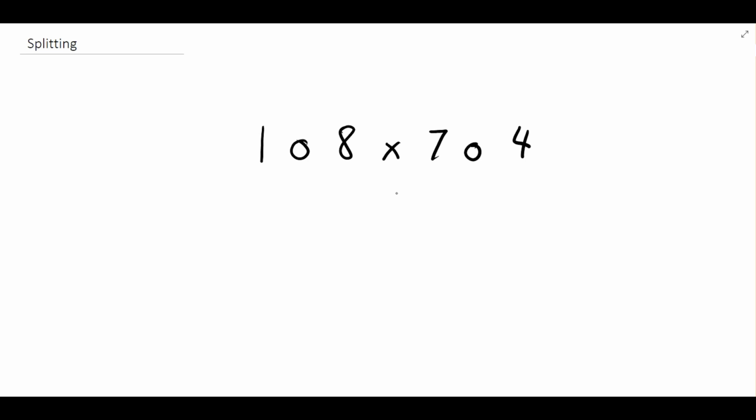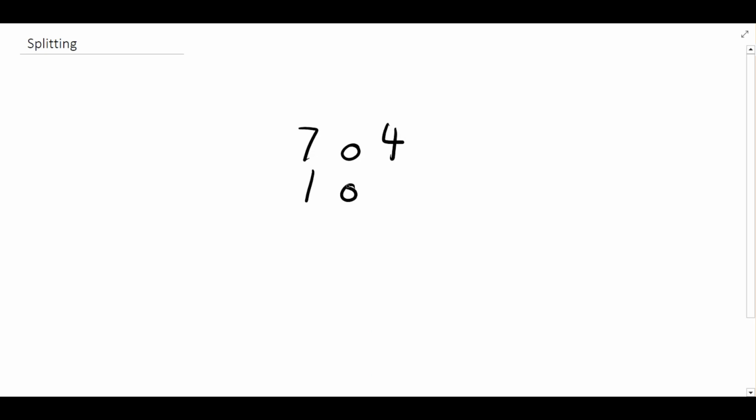Okay, so let me show you how you solve. So 704 times 108. Splitting means you split the whole three digits into two separate parts, and there are two ways to split this.